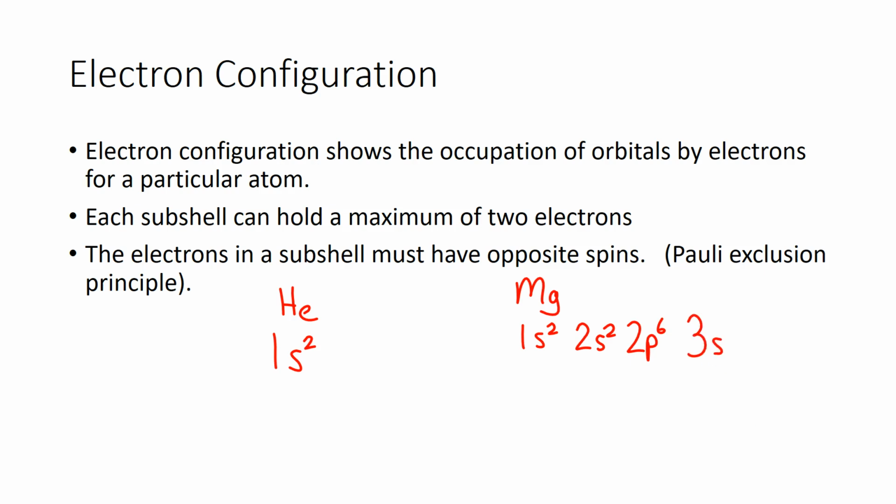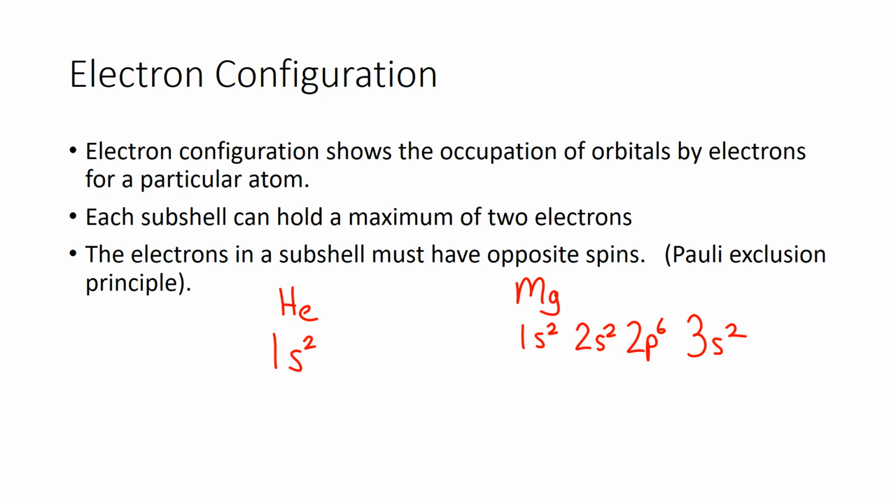And how many places is it into the s? 2. It'd be kind of like the roadmap to magnesium. I have to go 2 spaces into 1, 2 spaces into 2, then 6 more spaces, then 2 spaces into 3.